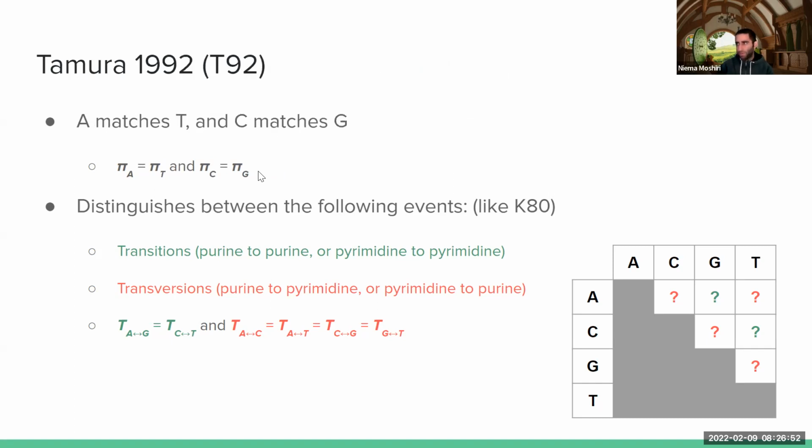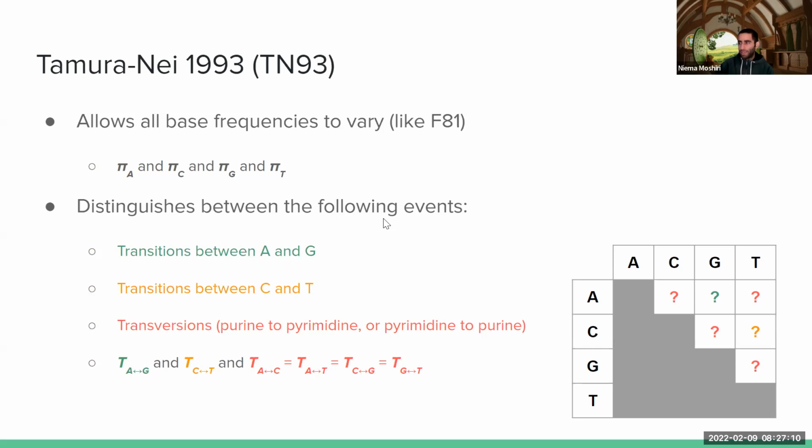Then in 1992, this model came out where you force A to match T and you force C to match G. This is inspired by the fact that A pairs with T and C pairs with G in the actual DNA strands, so maybe we would expect these to match. And then in 1993, we had an even more complicated model called the TN93 model, where you allow all four of the probabilities to change, and you allow these types of mutation rates to exist.